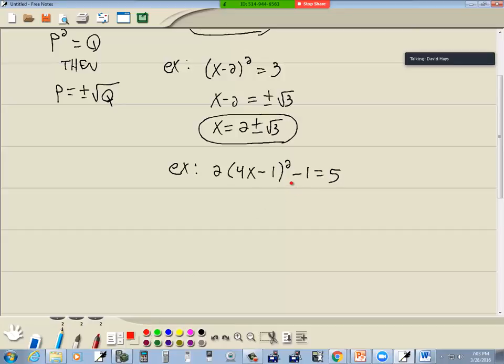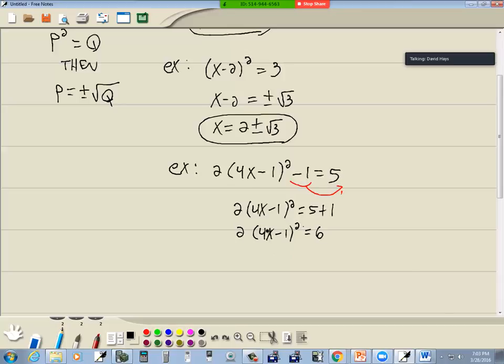So on this one, I'm first going to have to move the negative 1 over. So we got 2 times 4x minus 1 squared is equal to 5 plus 1. That's the same as adding 1 to both sides. 5 plus 1, 6.